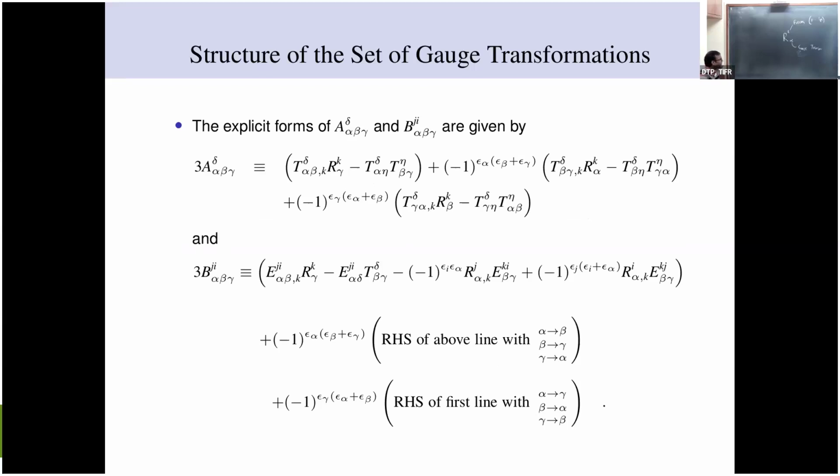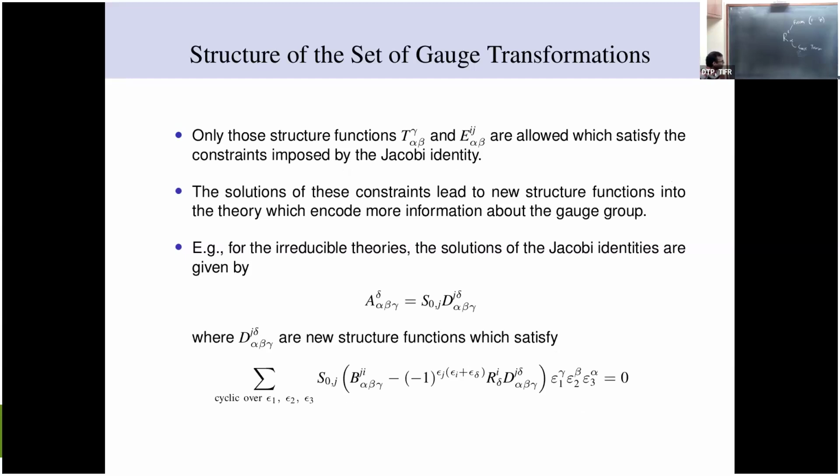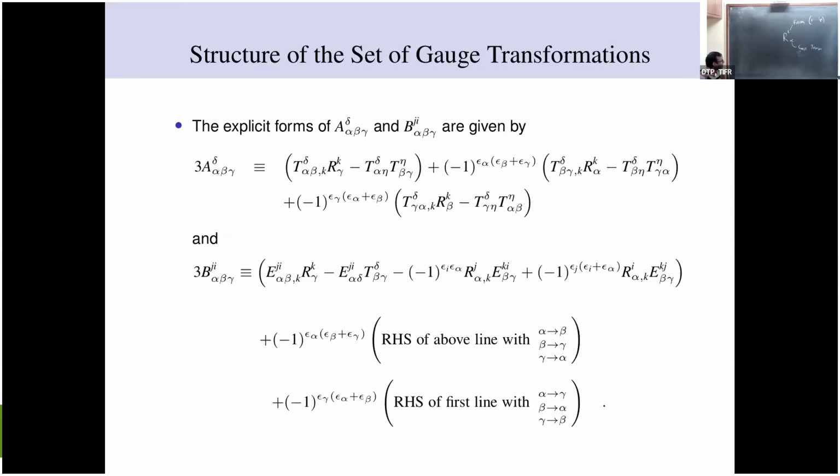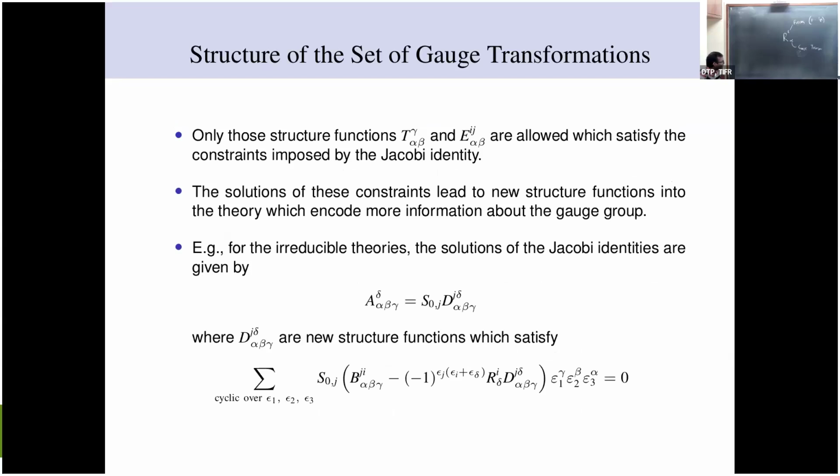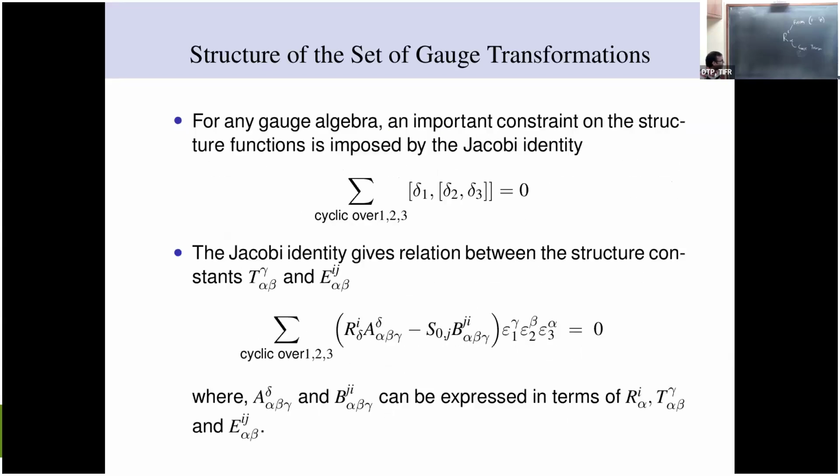And what we are saying here is that if you have a combination like this, it will satisfy the Jacobi identity. What are you solving for?